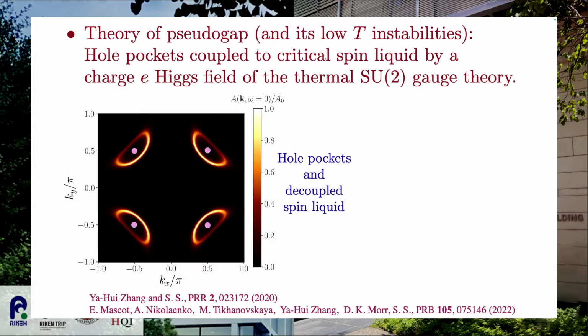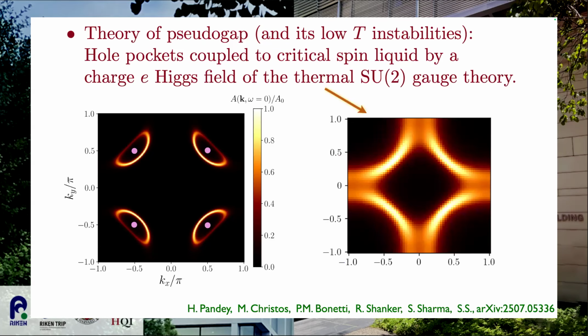However, we're interested in the finite temperature behavior. So we made the assumption that we can just do a thermal average over the gauge fluctuations. So the fermions are accounted for quantum mechanically, but all the bosons, the gauge field and the Higgs fields, are just averaged over thermally in the Monte Carlo study. And when you do that, you get Fermi arcs.